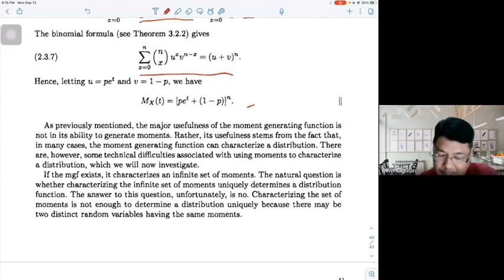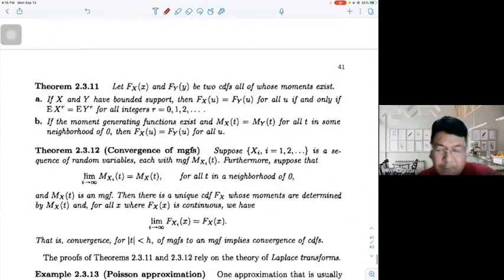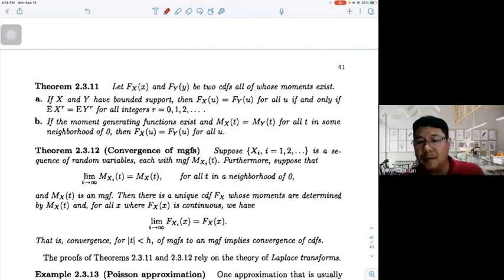So let's have this theorem, Theorem 2.3.11. This theorem actually shows how a distribution can be characterized. Let big F of x and big F of y be two CDFs, all of whose moments exist. Then (a) if x and y have bounded support, medyo mathematical masyado ito, no?